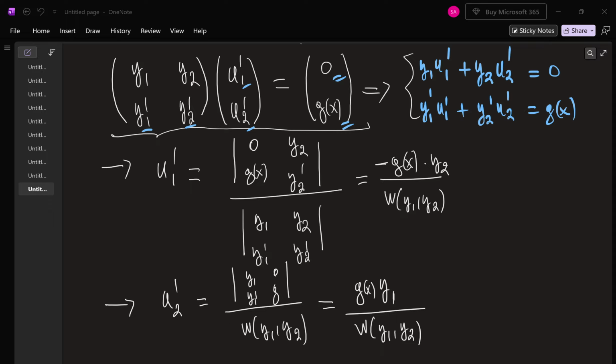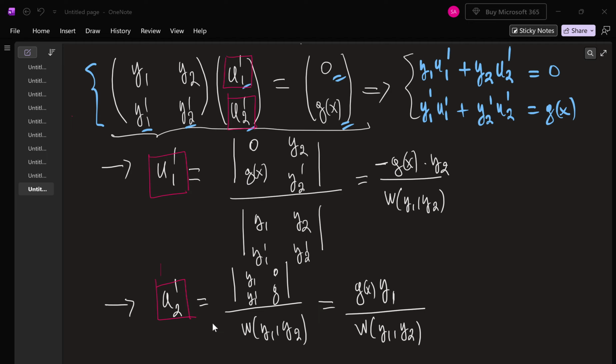So notice this system of equations. I will put in red the unknown functions that we are trying to look for. This is u1 prime, and this is the second unknown function that we are looking for. So how do we find them using Kramer's rule? You know how to compute the determinant, correct?